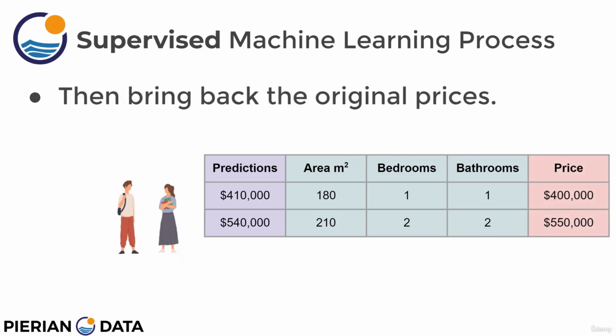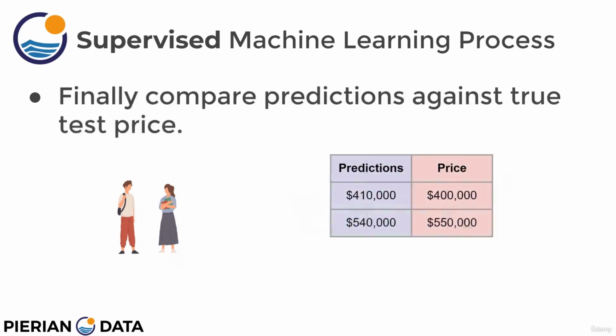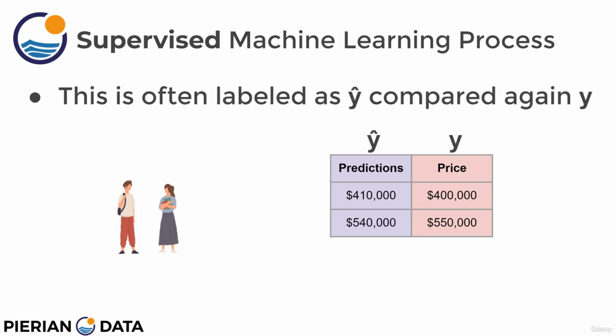And then what we can do is bring back the true original prices that they sold at. And then finally, we're going to compare the predictions against the true price. And we'll have a much deeper discussion on the different mathematical ways of comparing a prediction versus a price. In general, this is often labeled as y hat for your prediction and y as the true test price.